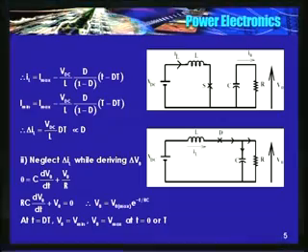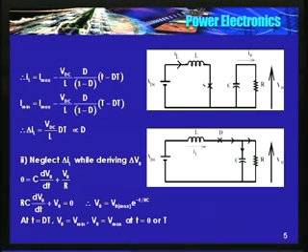In the sense, now the current flowing through the capacitor is the difference of IL and I naught. When I open the switch, the inductor current divides, some part flows through the capacitor and some part flows through the load current.